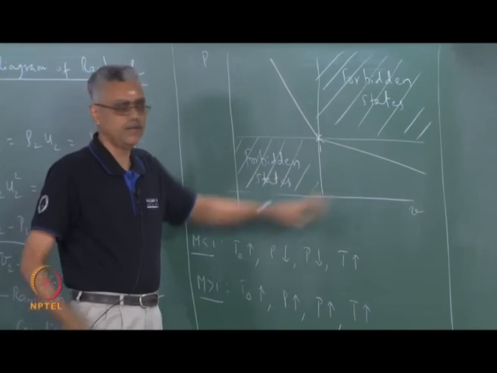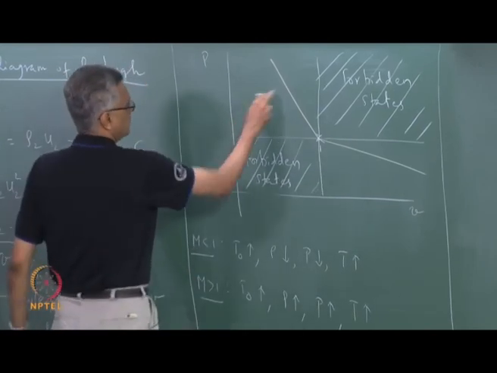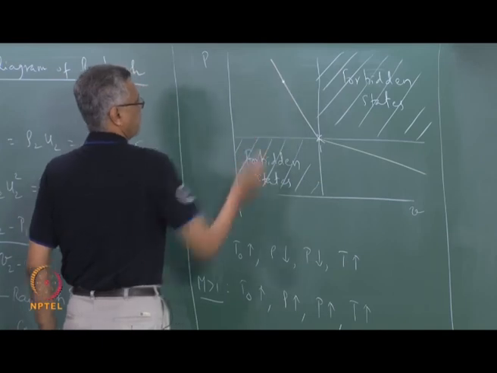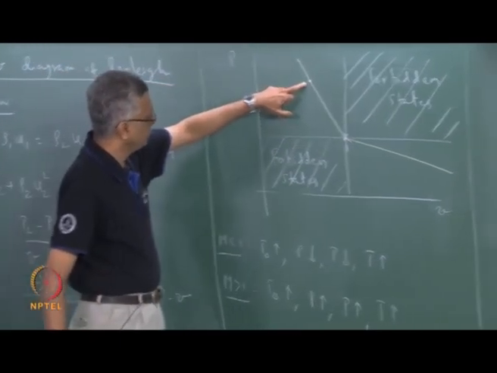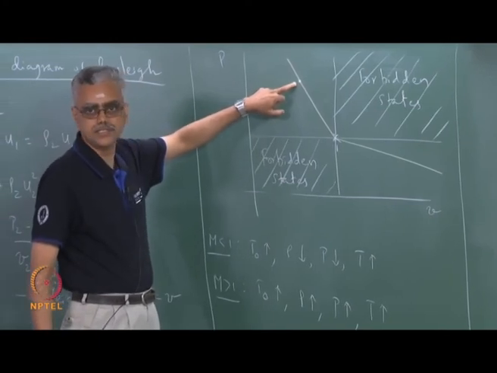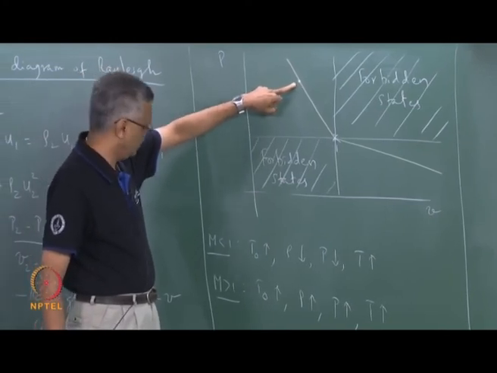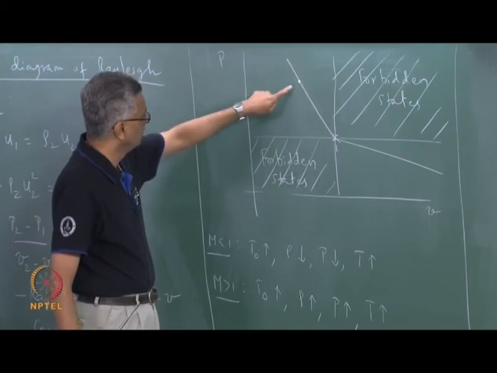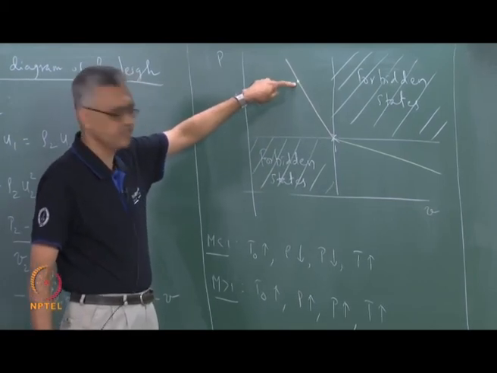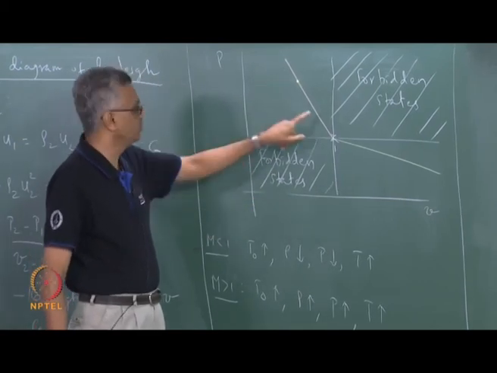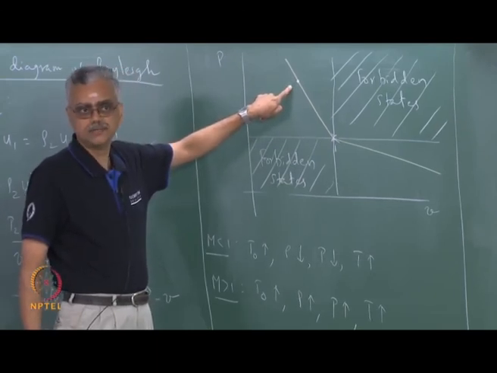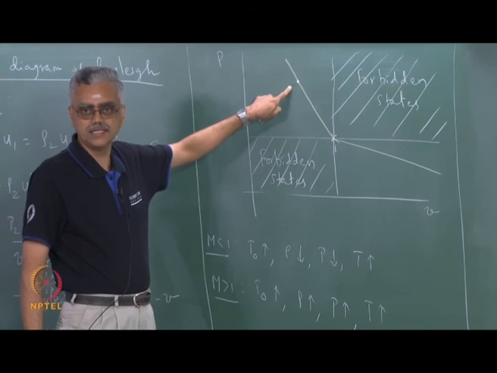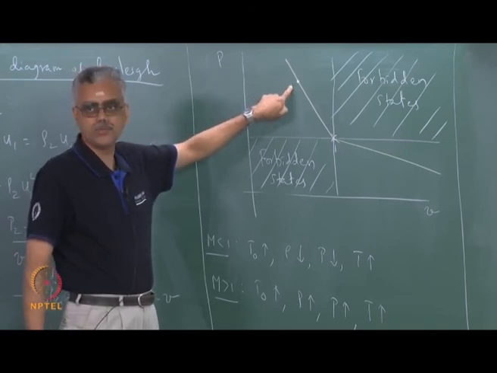So, if for example, let us say state 2 lies here, then the pressure has increased. Since we are using specific volume, what about the specific volume? Specific volume has actually decreased in going from here to there. So, that means density has increased. What about temperature?